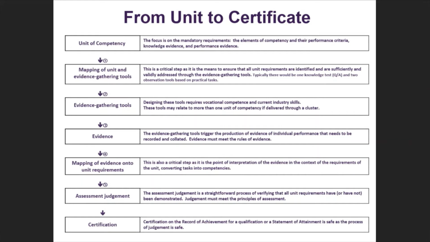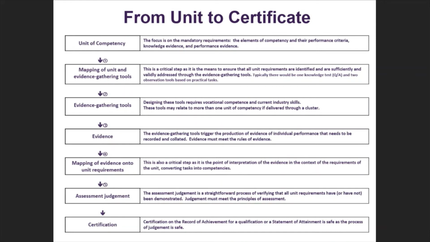And so fundamentally, you are now taking the unit requirements, bringing to bear your industry skills and knowledge and your vocational competencies, and imagining and devising a set of activities which will enable you to either see that the person has the knowledge or see that the person can perform the skills.